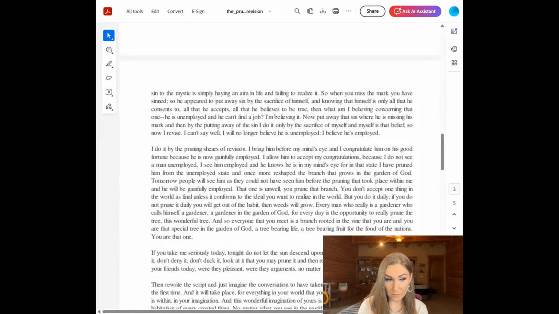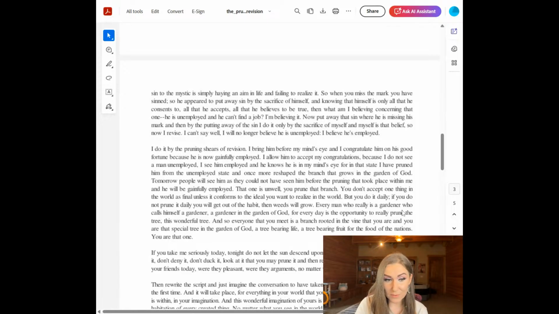That one is unwell. You prune that branch. You don't accept one thing in the world as final unless it conforms to the ideal you want to realize in the world. But you do it daily. If you do not prune it daily, you will get out of the habit. Then weeds will grow.